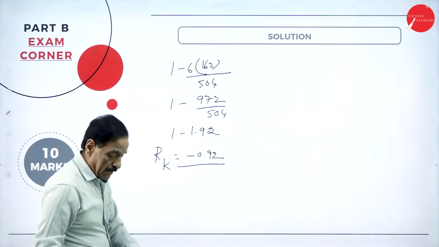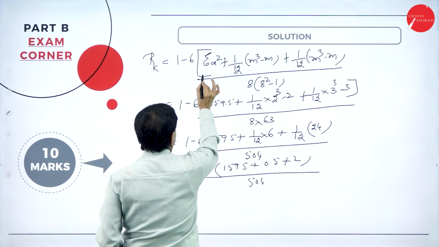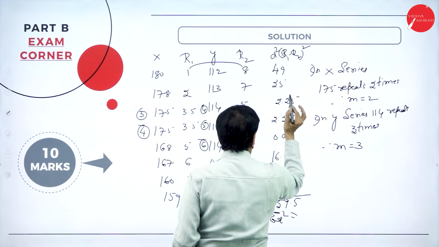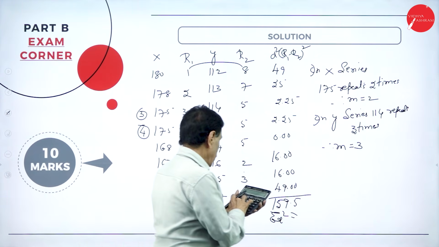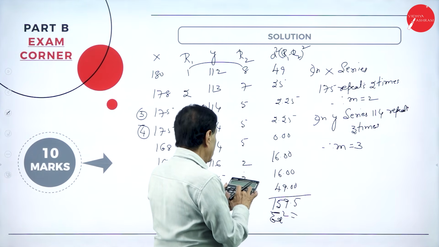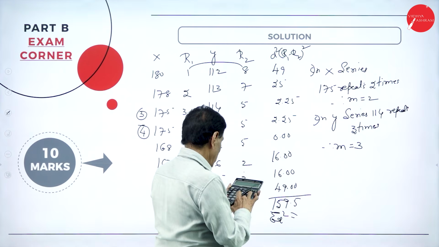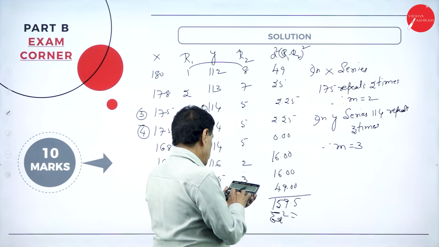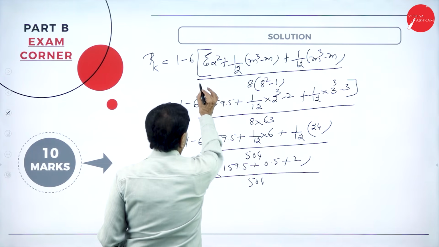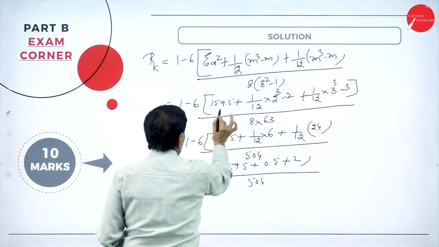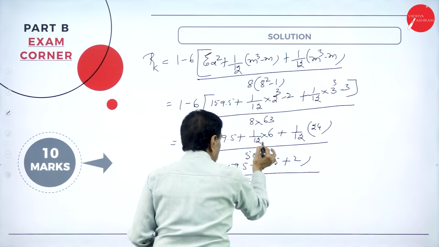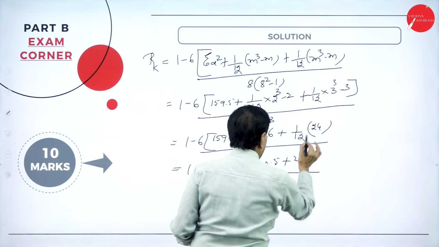I will repeat here. Sigma d square: 49 plus 25 plus 2.25 plus 2.25 plus 16 plus 16 plus 49 is 159.5. 1 minus 6 into 159.5 plus 1 over 12 into 8 minus 2 is 6, this is 27 minus 24, 2.